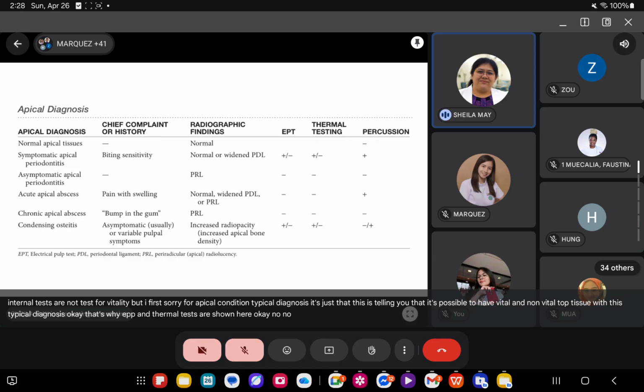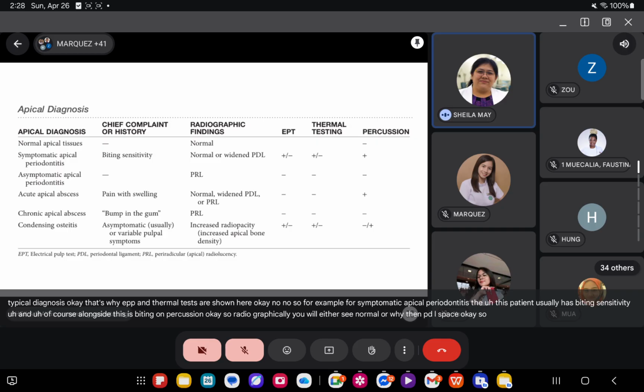So for example, for symptomatic apical periodontitis, this patient usually has biting sensitivity, and of course, alongside this is tenderness on percussion. Radiographically, you will either see normal or widened PDL space.